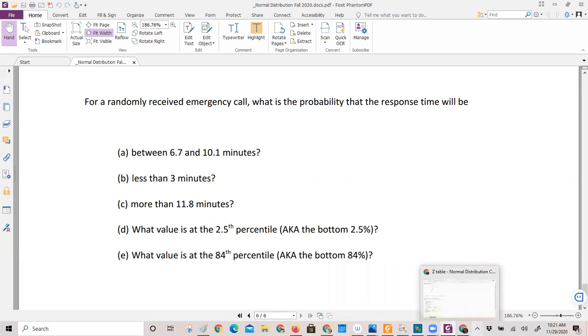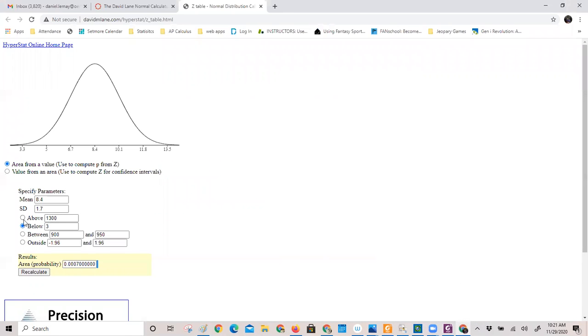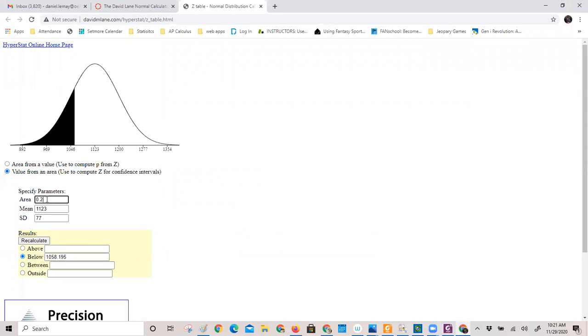So what we're going to do is come back to the David Lane applet. I have everything set up, but I want the value from an area. And actually now it's not set up. I forgot I had to do this. So the mean is 8.4. Whoops, that's the area. 0.025, 2.5%.